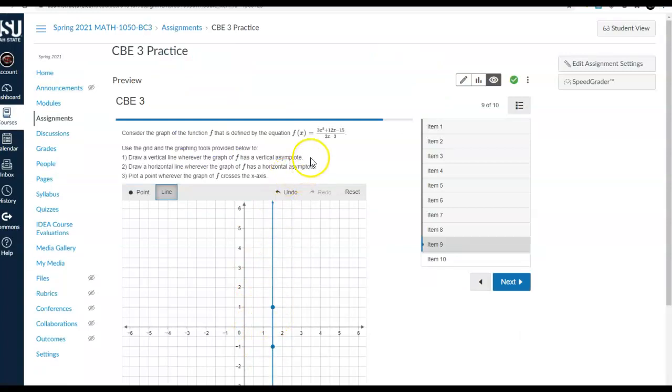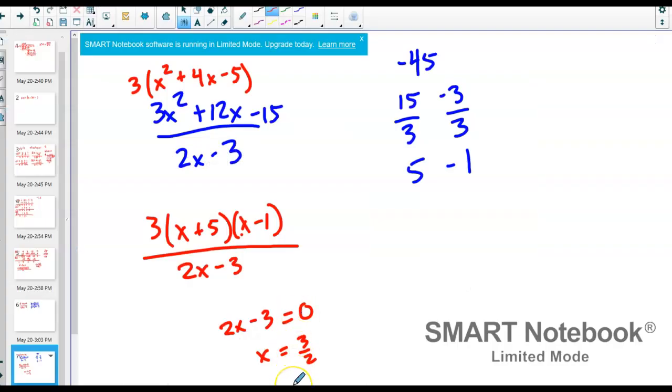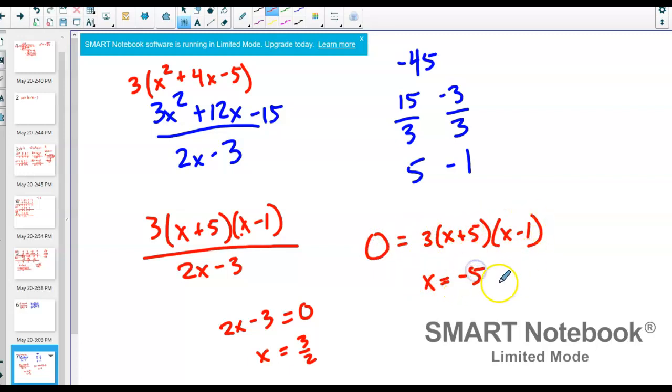I'm going to have a horizontal asymptote. If it's bigger on top, that means there is none. So I don't have to worry about that. And then what I do need to do is find where it crosses the x-axis. We set the numerator equal to 0, which is whatever makes this equal to 0, which is negative 5 and that one.